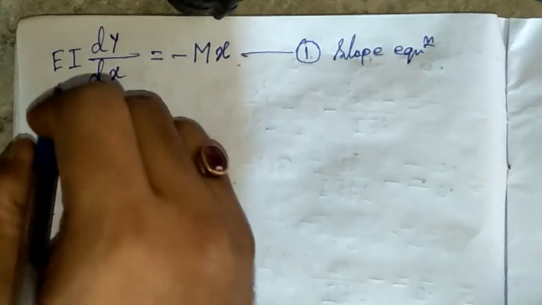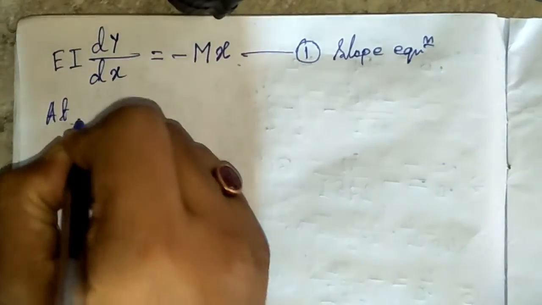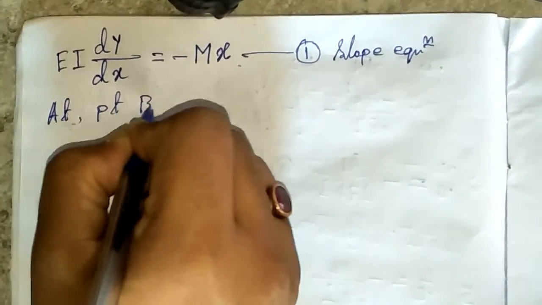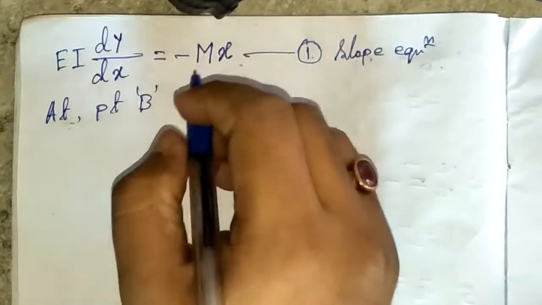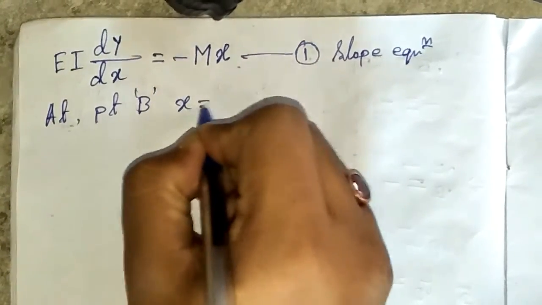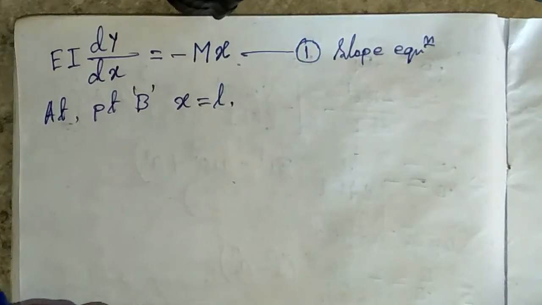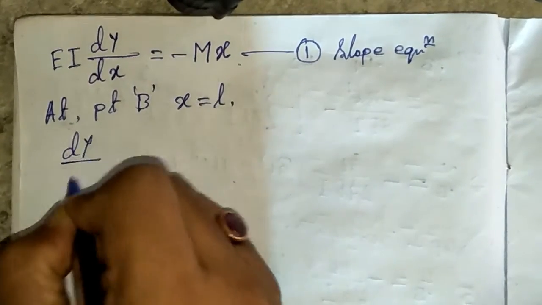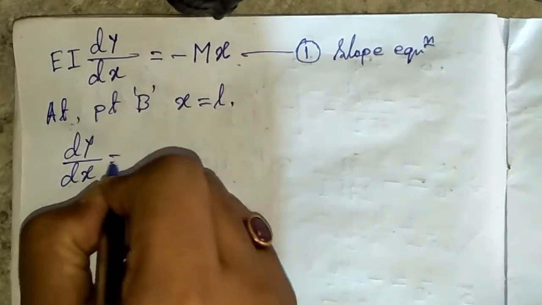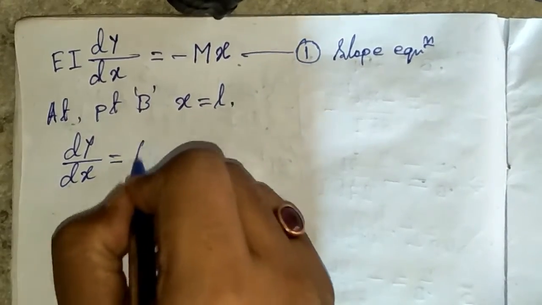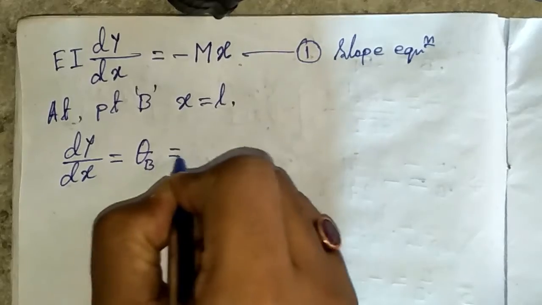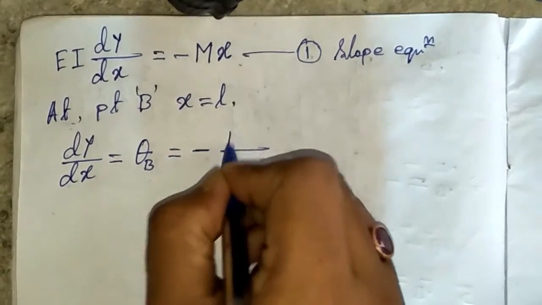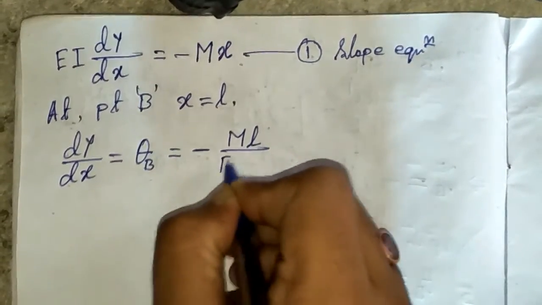So at point B, the value of x is L. So we can write that dy/dx, or the slope value theta B, is equal to minus M into L by EI.